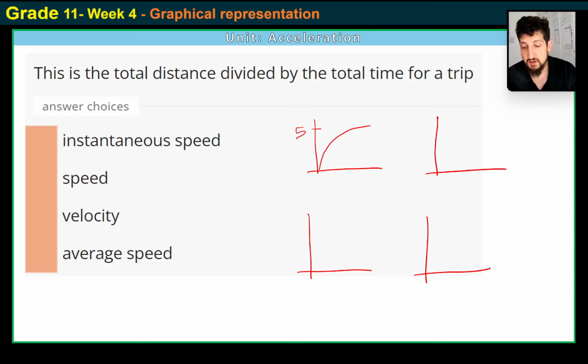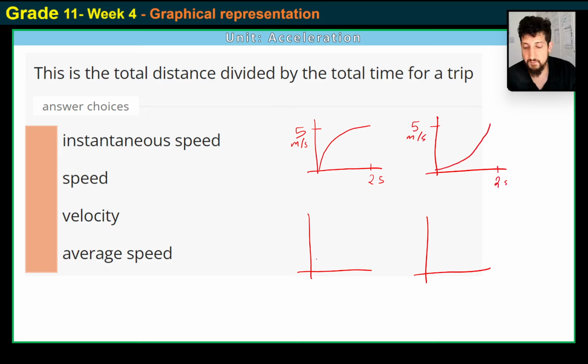This point is 5. And this point is 2. So 2 seconds and 5 meters per second over here. The speed, the velocity. Over here, this point is 5 meters per second as well. They're all the same, and this is 2 seconds.